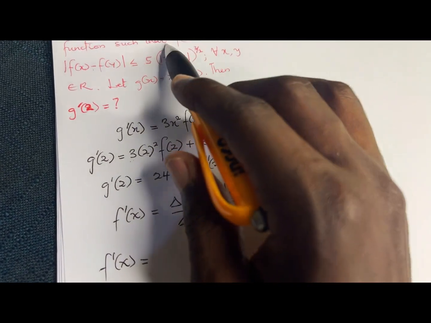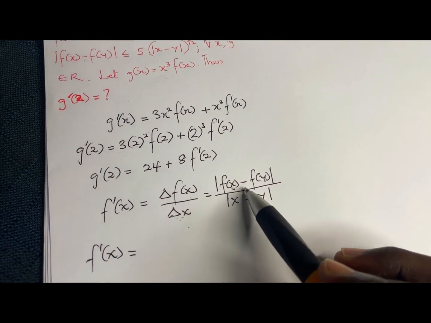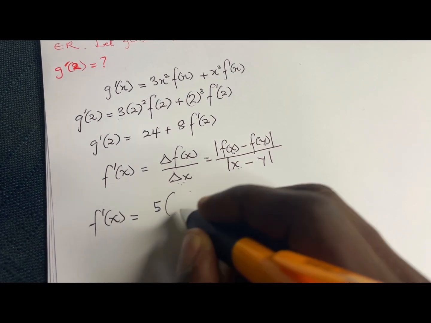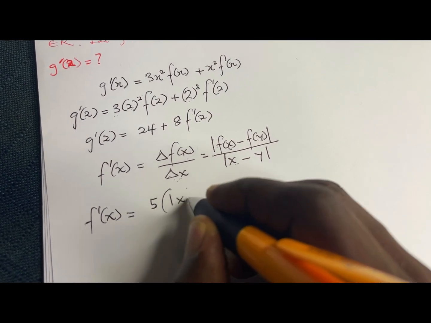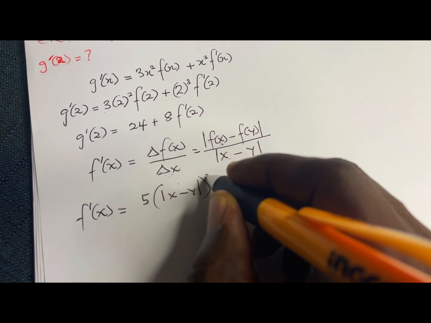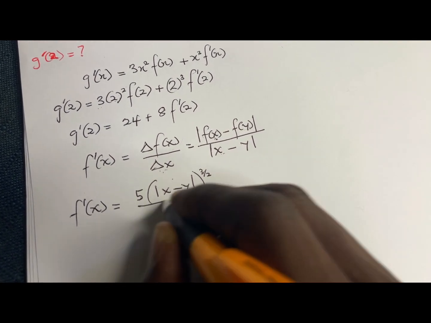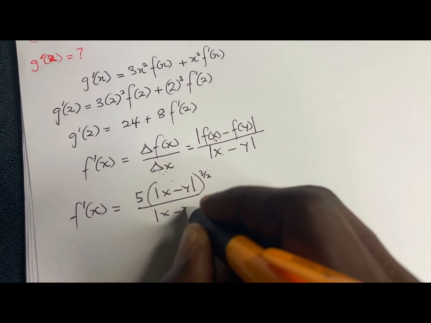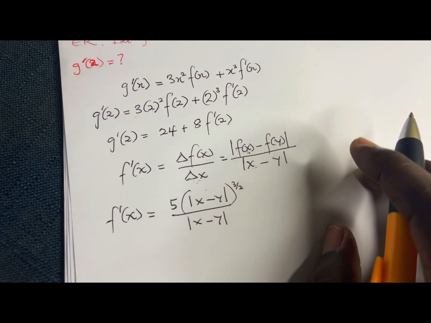So we put that into the expression: 5 times the absolute value of x minus y to the power of 3 on 2, all over the absolute value of x minus y.